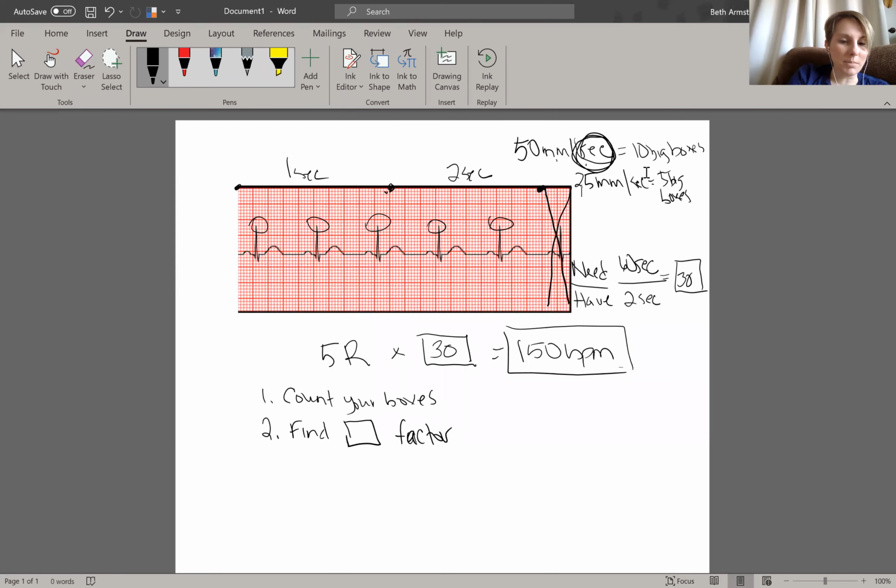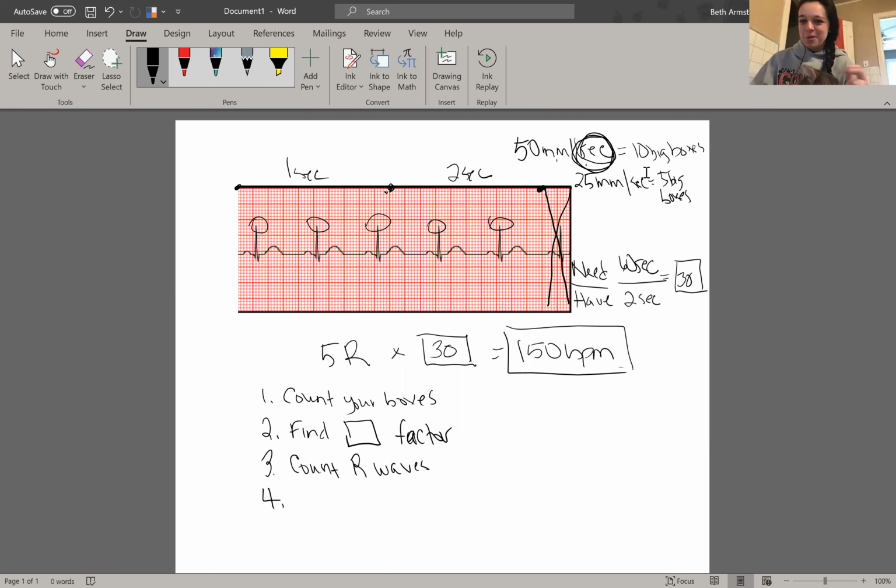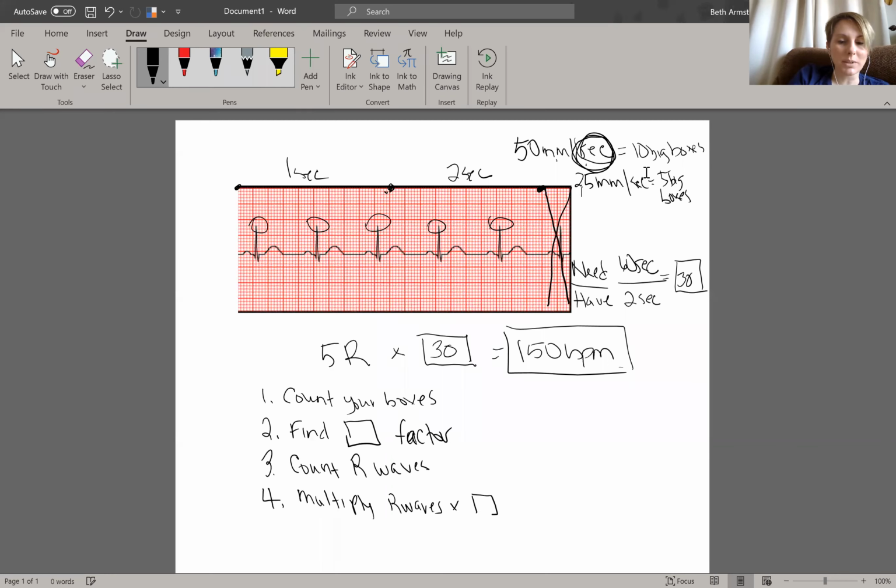And then our third step is what? The R waves. Count R waves, your guys' favorite. And then the fourth step is, yay, the last step: multiply R waves times the multiplication factor to get beats per minute. Hopefully that makes a little bit more sense.